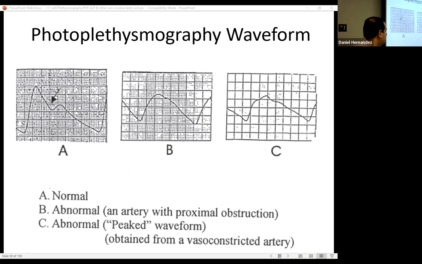Something you might also see in a waveform in a patient who also has vasoconstriction is something called an anacrotic notch. It's a little notch on the other side of your peak.